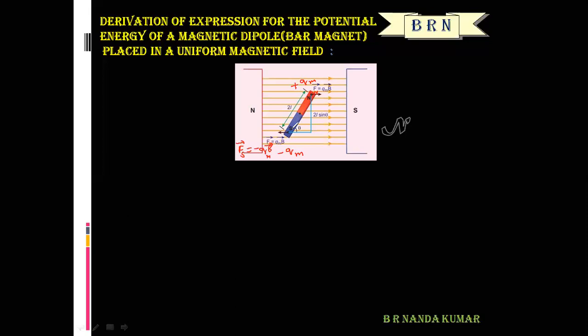What is the effect of a couple on a body? The body will get rotated, right? So rotational motion is the effect of a couple. The rotational ability of a couple is called the moment of couple, that is torque.